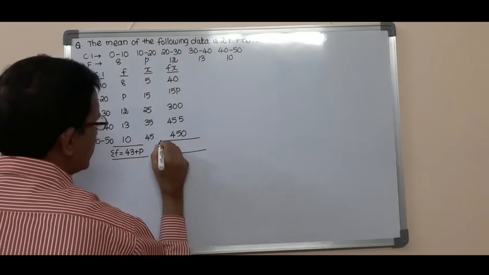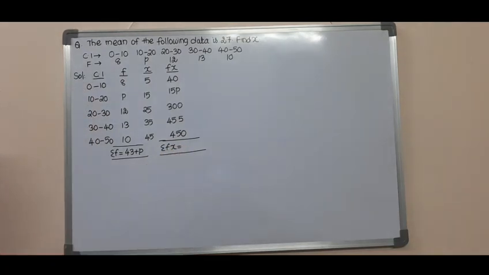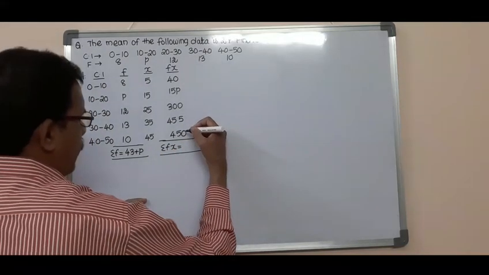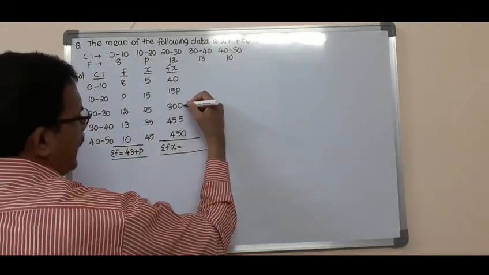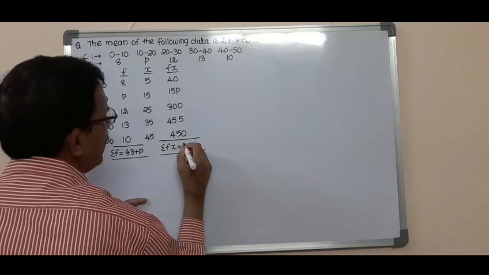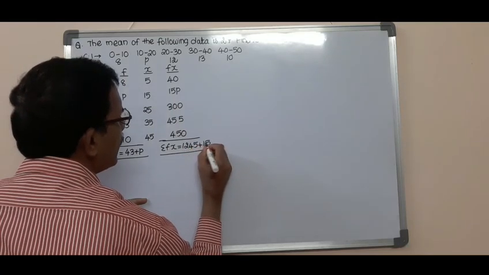So finding sigma fx, that is 450 plus 455, 905, plus 300, 1205, plus 40, 1245 plus 15p.